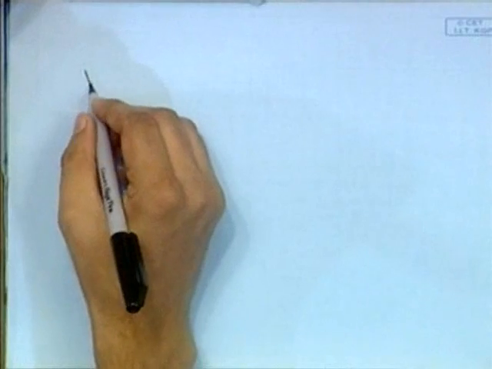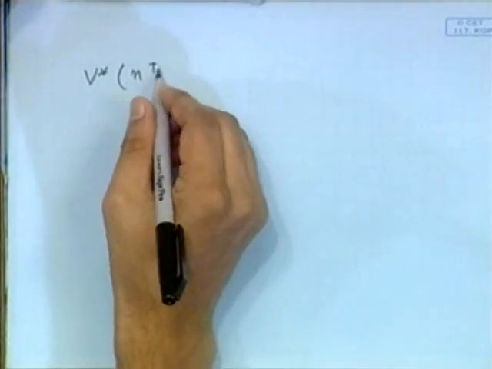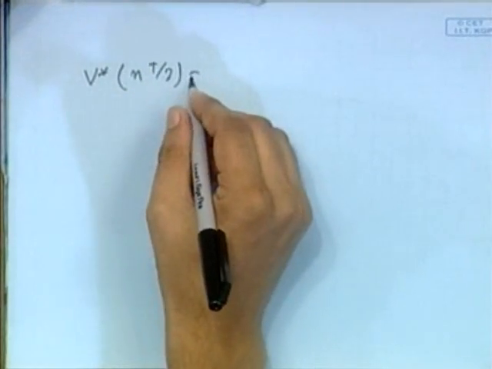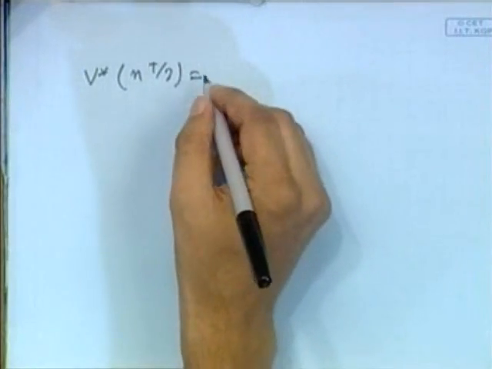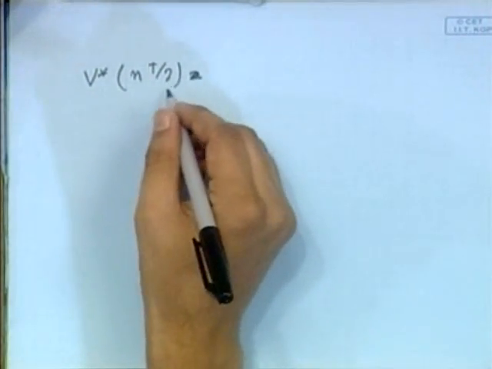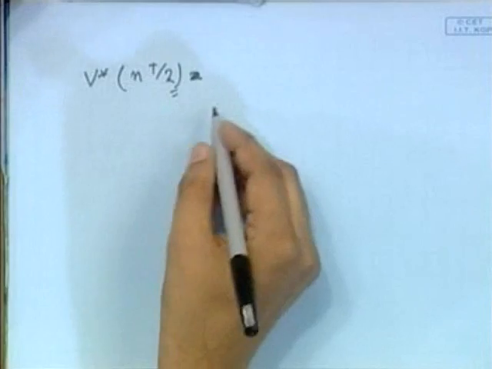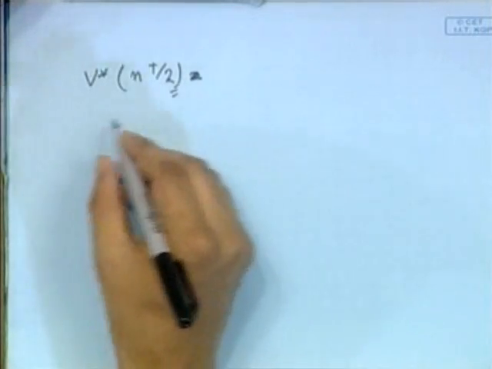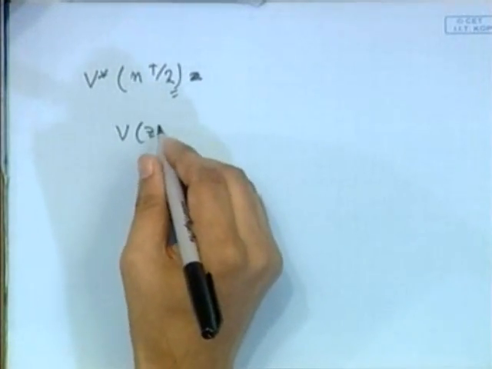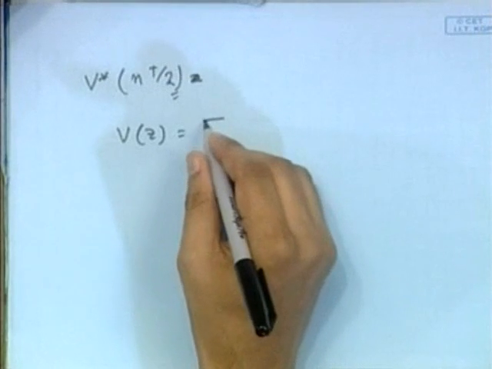Now for this V star (n T by 2) function we can write the Z transformation, V(z).